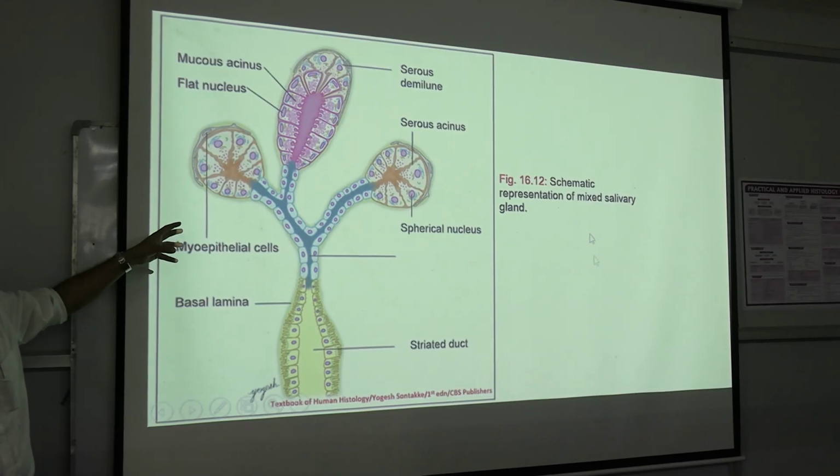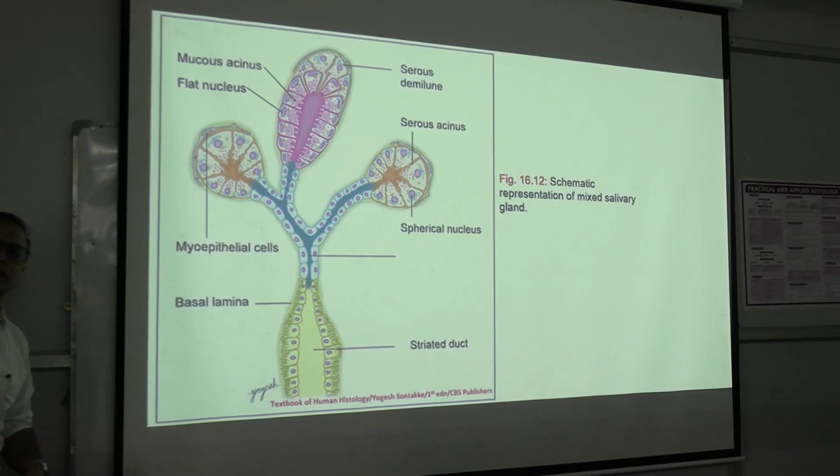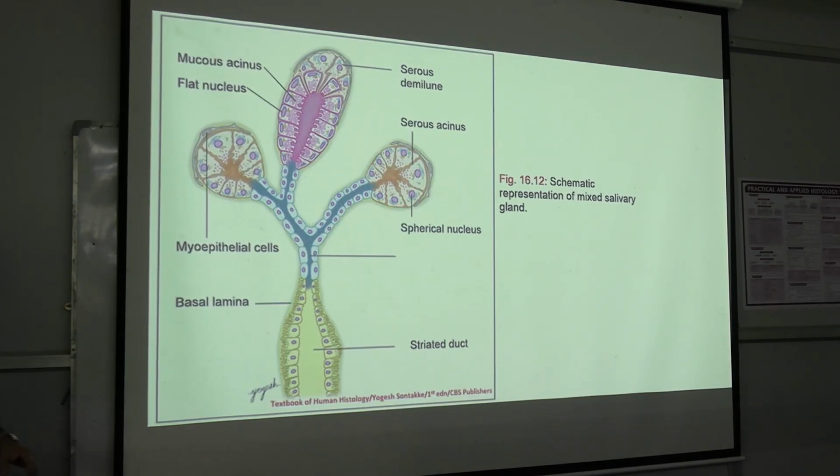There may be another lobe, separated by a line which is the connective tissue. Am I clear what I am trying to say? So, we have these lobes separated by partitions. In between the lobes we have a partition, created by the connective tissues. So, this is how these things are organized.